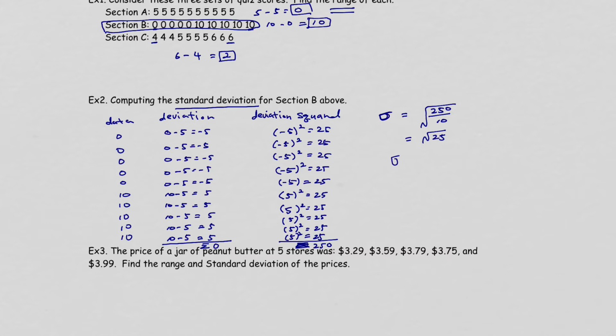So your standard deviation will be 5. So when you're finding the standard deviation by hand, these are the steps you're going to go through. Find the deviations, square them so you can get numbers other than 0, and then divide that number by the number of data and square root that.